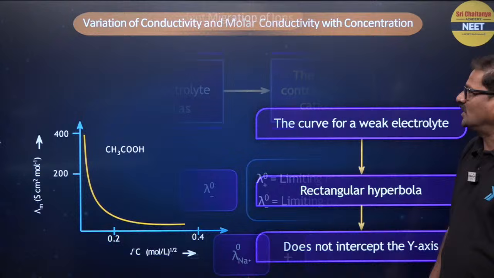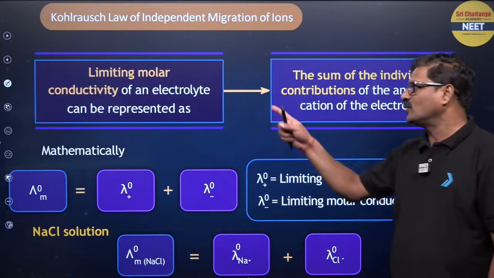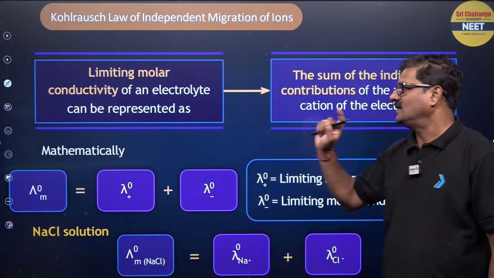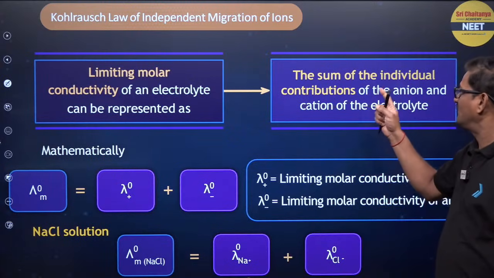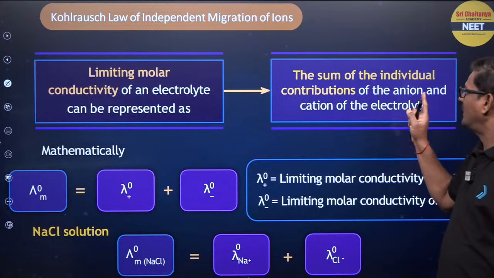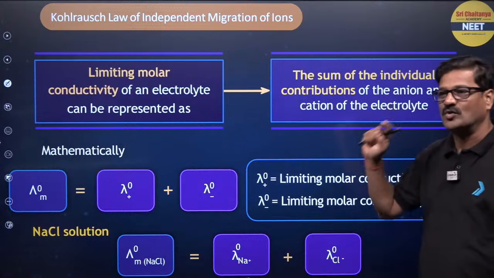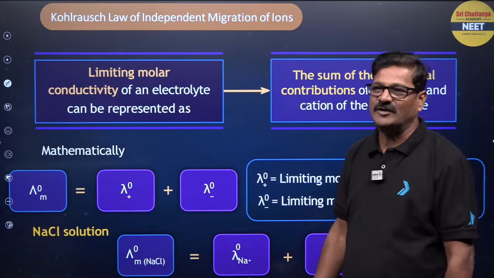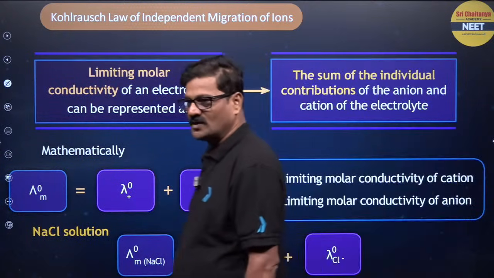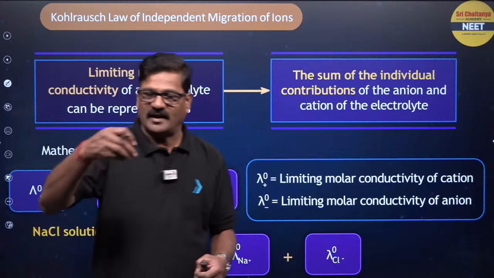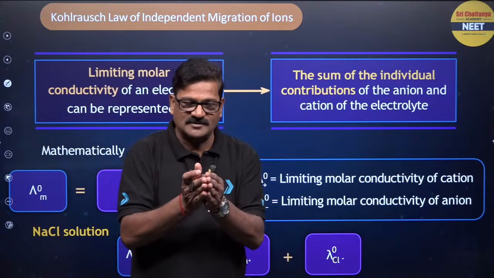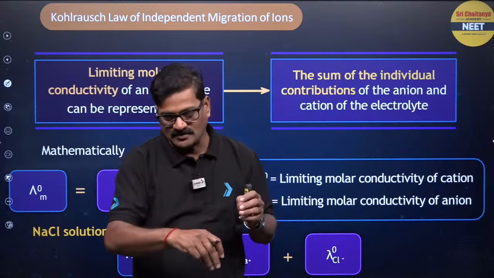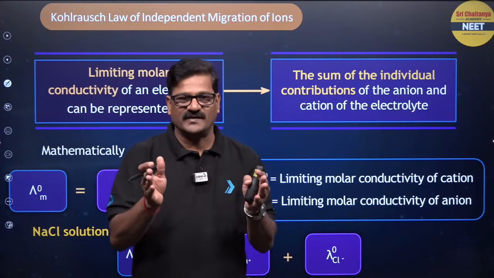Okay, now let us say the limiting molar conductivity of an ionic electrolyte can be represented as the sum of the individual contributions of the anion and cation. That is called Kohlrausch law of independent ionic migration. When you ionize a particular electrolyte by adding water, it is going to dissociate.